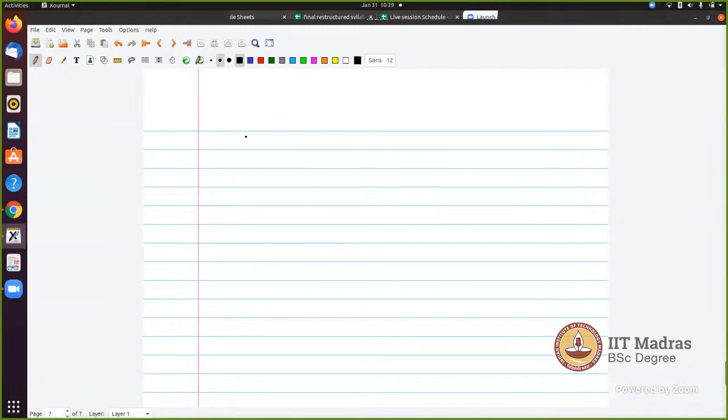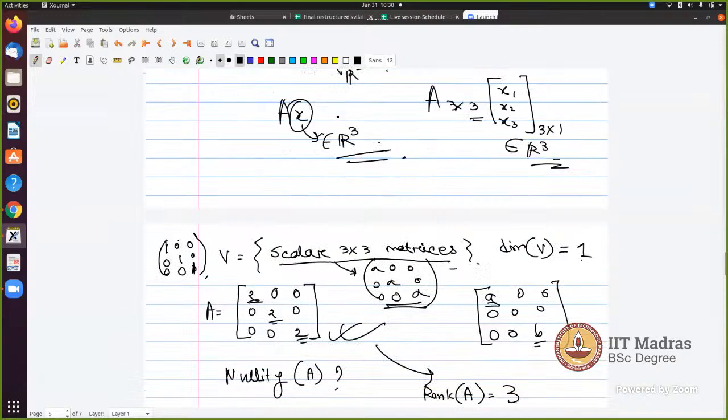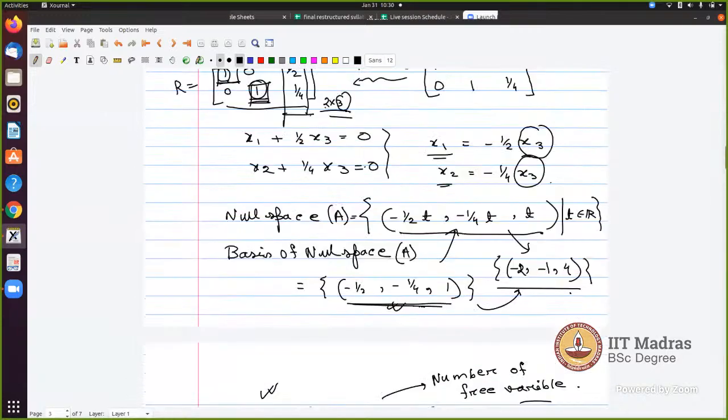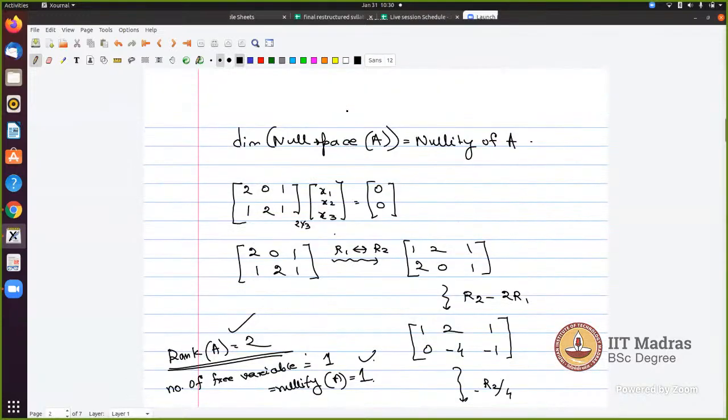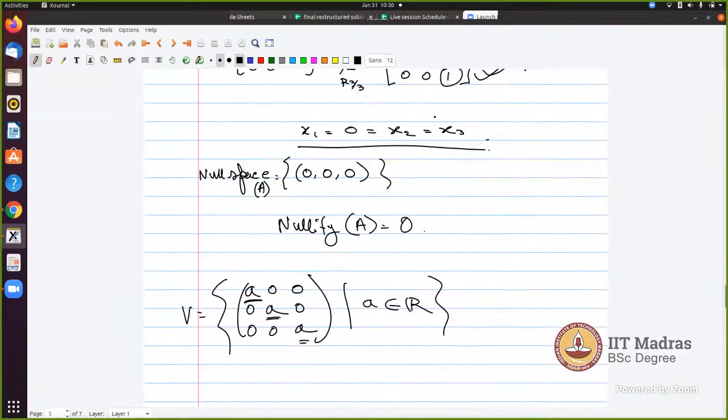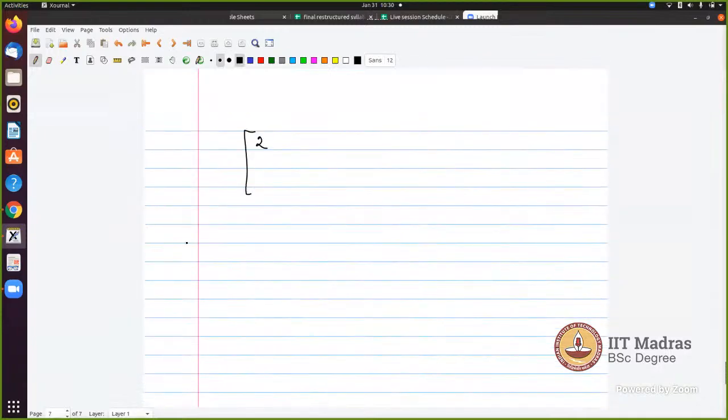We'll solve another example, basically. So what was that? 2 0 1, 1 2 1. So this is your transpose, right? Now my matrix is a 3 cross 2 matrix.